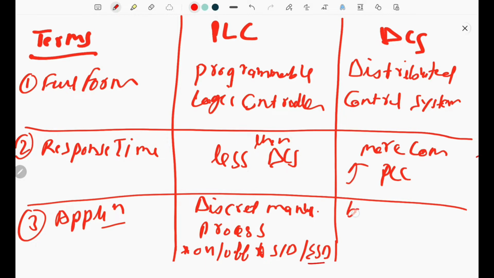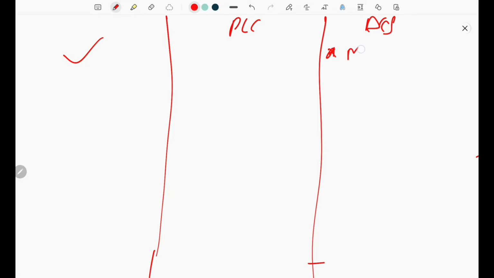But when you have a batch or continuous manufacturing process, then you require DCS, where PID controllers are generally used, and some more advanced control function is required, then the DCS is generally used.